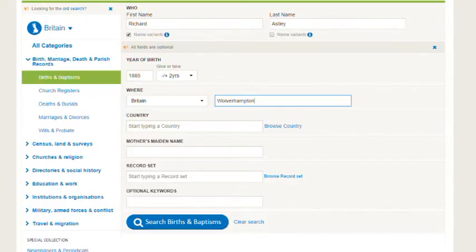So I'm going to assume that you now know the basic mechanism and are familiar with this particular website that I use, Find My Past, and you understand the principles of the volume and page numbers and how to order the certificates. I'll just show you the process. I type in Richard Astley, and I know he's born in around 1885, and I know also from the census that he was born in Wolverhampton, and I know as well his mother's Christian name, so I've got a lot to go on.